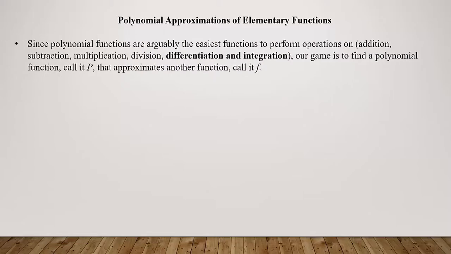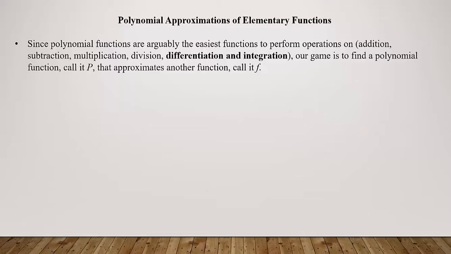Getting on with it, we're going to call this polynomial approximations of elementary functions. Again, polynomial functions, folks, are arguably the easiest functions to perform operations on. Operations such as addition, subtraction, multiplication, division, differentiation, and integration.